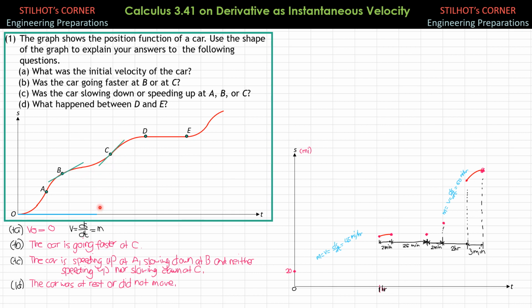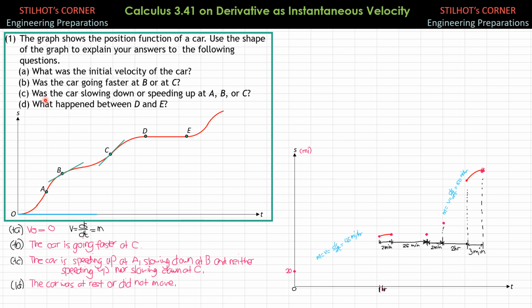That means the car is going faster at C. Although there is velocity at B, the rate and the magnitude is lesser compared to that at C. So it slows down first, then up to this point, and after that it is speeding up to C. So the car is going faster at C.